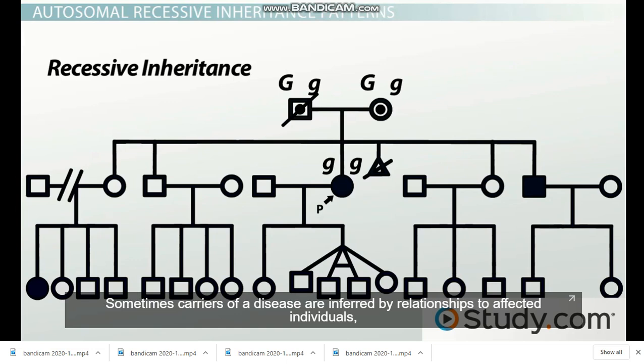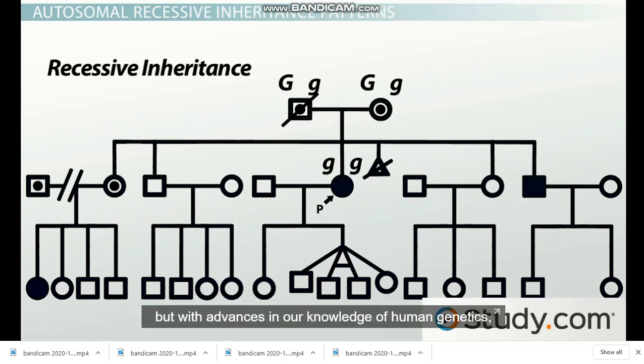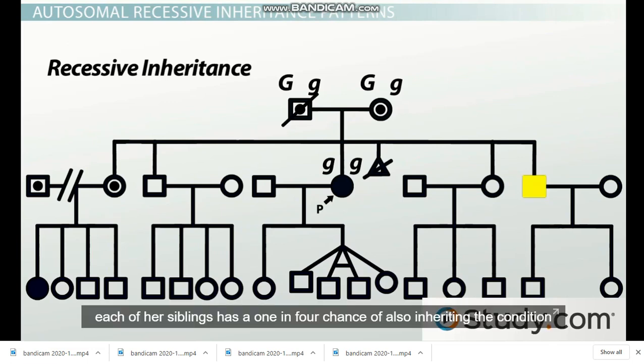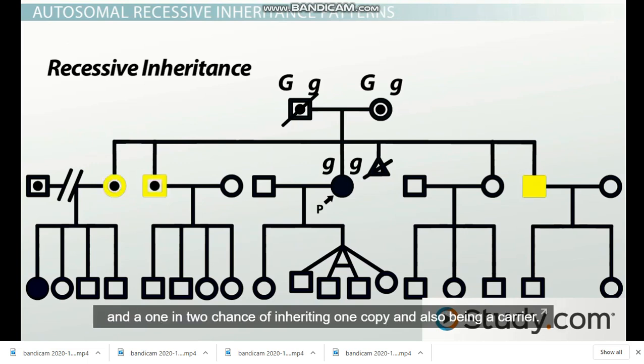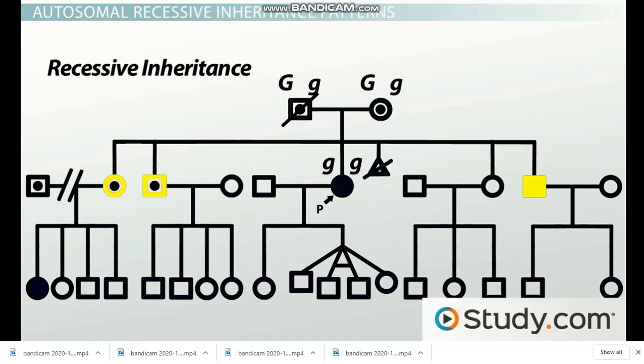Some carriers of a disease are inferred by relationships to affected individuals, but with advances in our knowledge of human genetics, it's now sometimes possible to do genetic testing on individuals and determine if they carry the recessive allele or not. Because both of our proband's parents are carriers for galactosemia, each of her siblings has a 1 in 4 chance of also inheriting the condition, and a 1 in 2 chance of inheriting 1 copy and also being a carrier.